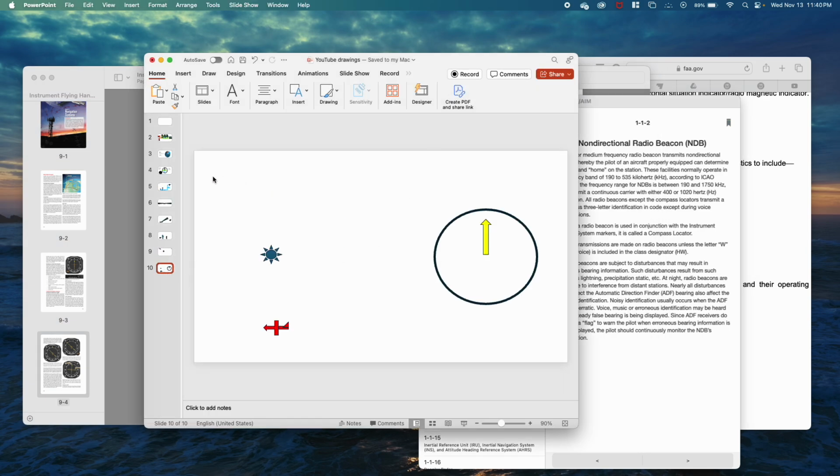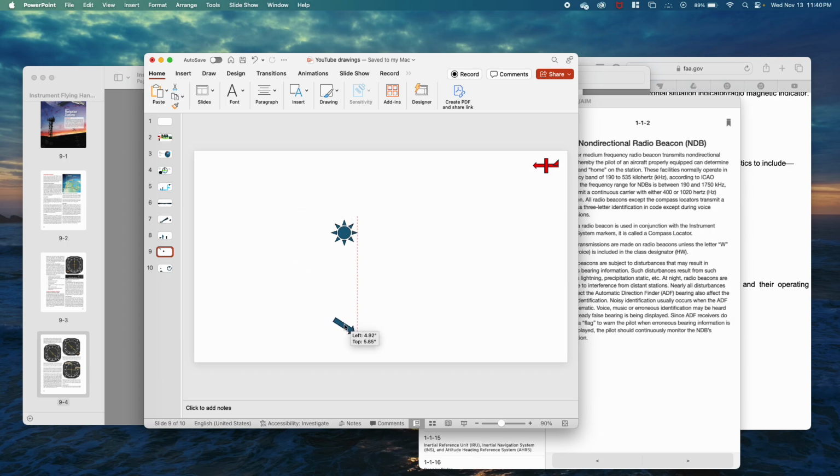We have bearing, and that word comes into play in a sec here, but bearing just means the course to fly to get to this object. So if I was right here south of the NDB, my bearing to the NDB is 360. If I was right here, my bearing to the NDB is going to be 270.